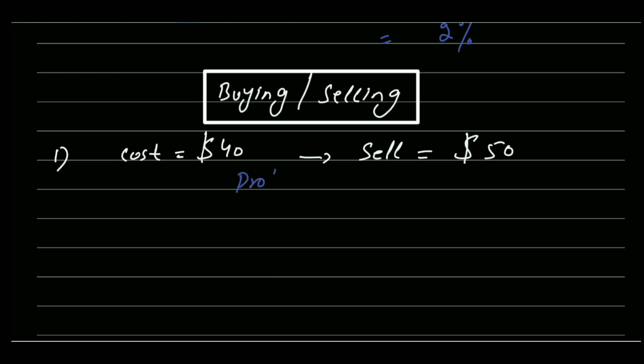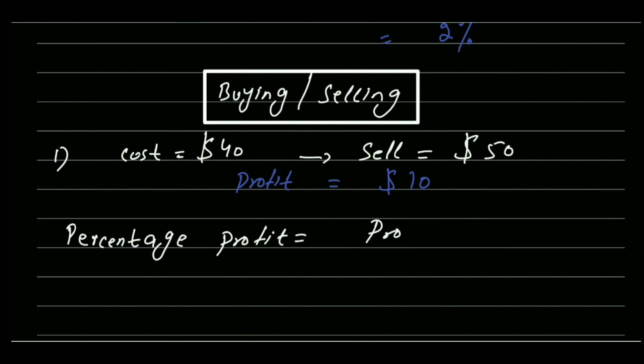So we have to find the percentage profit. The formula will be profit over original, or old value, multiplied by 100.